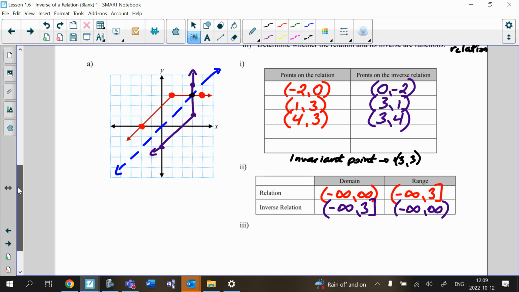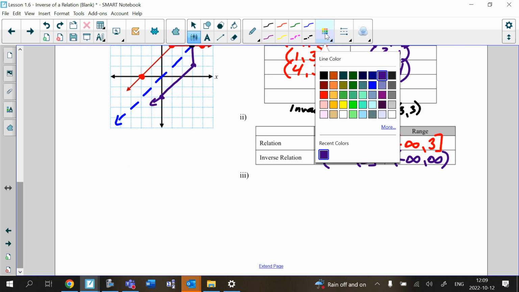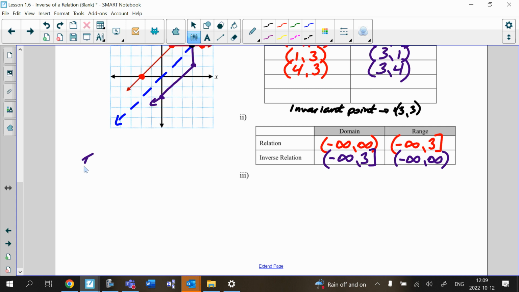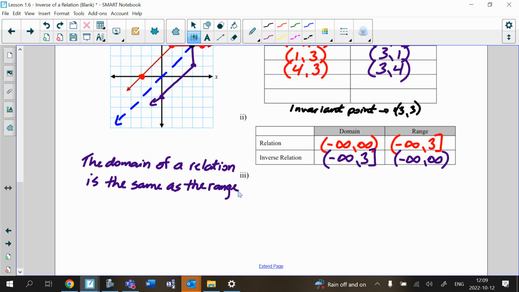And you could also say the range of a relation is the same as the domain of its inverse. So kind of like vice versa. The range of a relation is the same as the domain of its inverse.